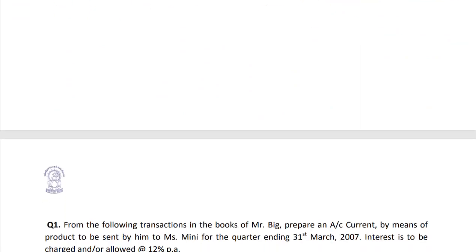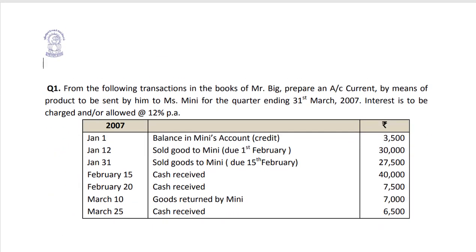Let us move ahead. Question 1. From the following transactions in the books of Mr. Big, prepare an account current by means of product to be sent by him to Mrs. Minnie for the quarter ending 31st March 2007.